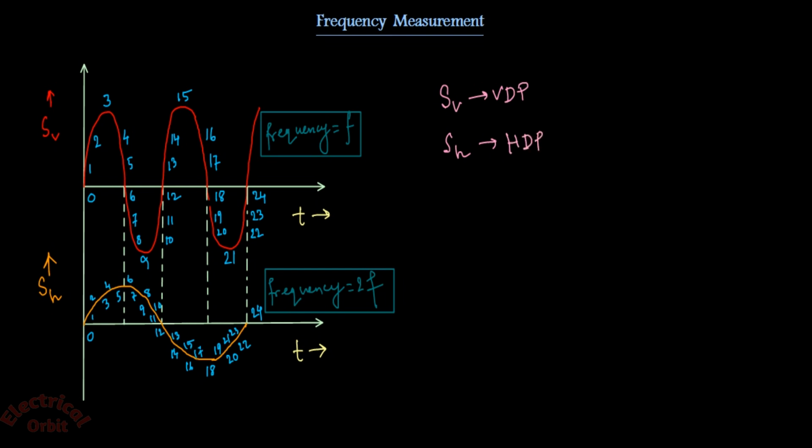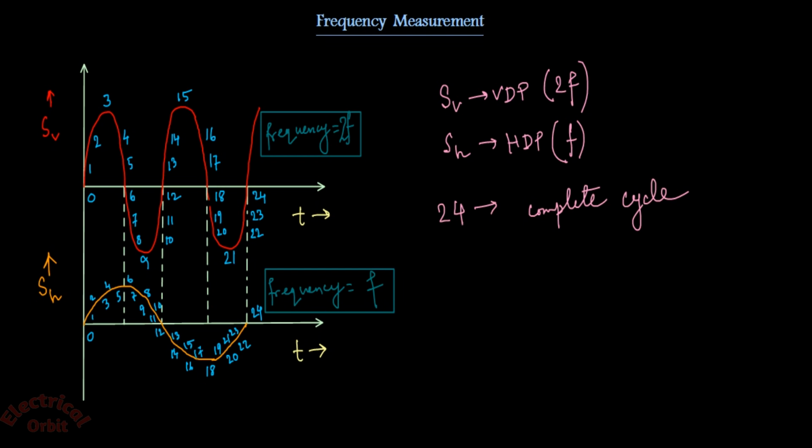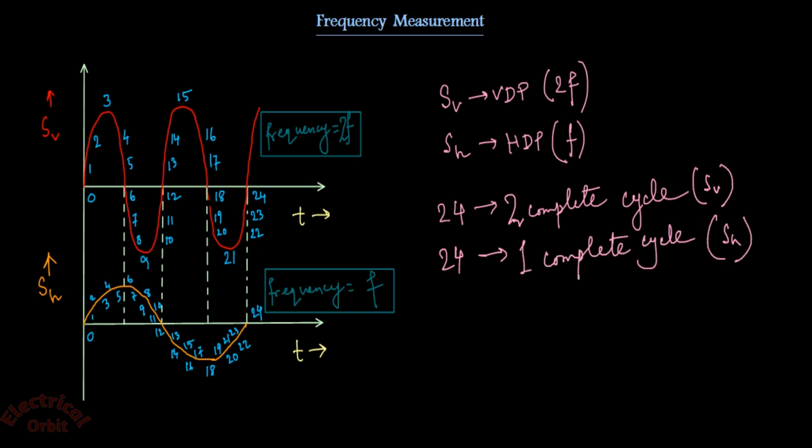Now here we have to notice that the frequency of the vertical signal is double, that is 2f, compared to the frequency of the horizontal signal, that is f. Why? Because at 24, SV is completing two complete cycles, whereas SH is completing only one complete cycle. So you have understood why the frequency is double.